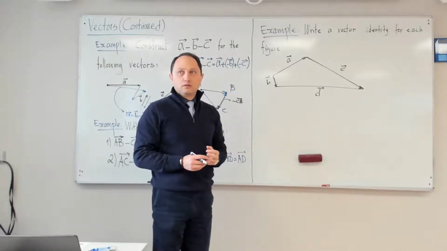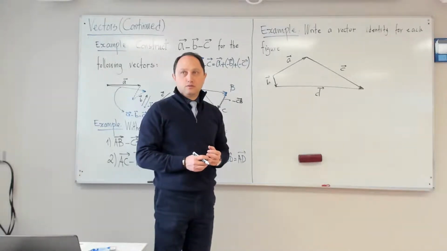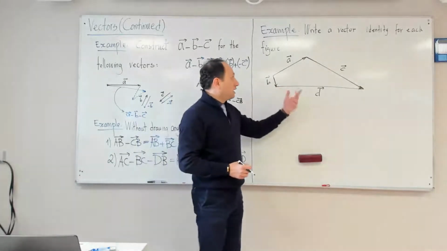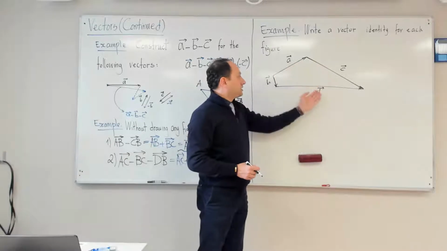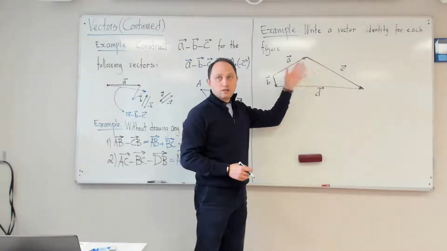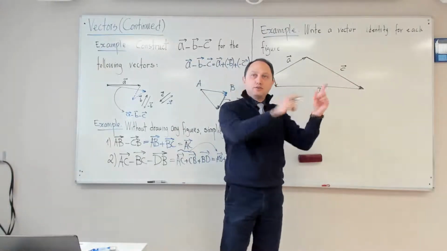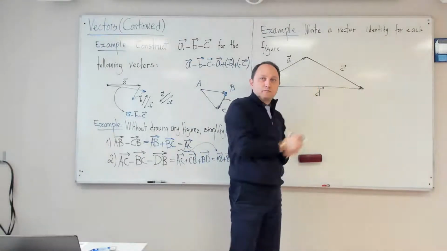Could we name every edge or point something? You can, but you don't need to. I just want to use these letters that I have put in the figure itself, and then use them to write an equality which is always guaranteed to be true if this is the picture.